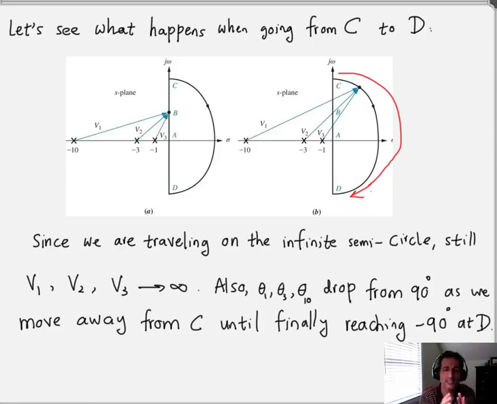So for each of these three phase angles, the angle is really going to drop from 90 degrees, which was associated with C, to negative 90 degrees, which is now associated with the point D. So for any point on this infinite semicircle, the phase angle combined for the three of them is going to be 270 degrees at C, but if you come here, it's going to be negative 270 degrees.